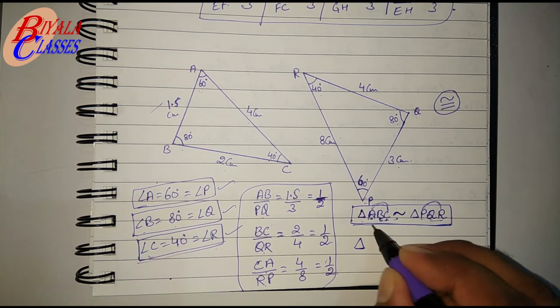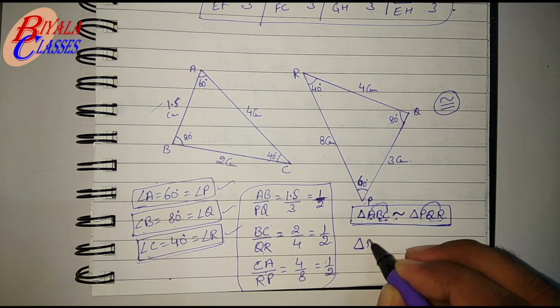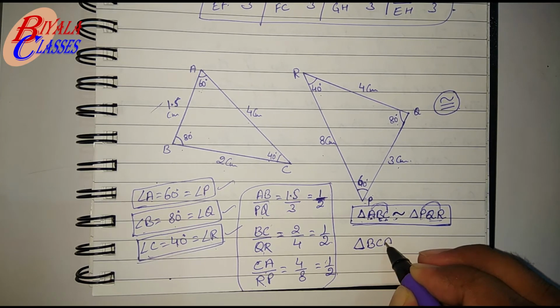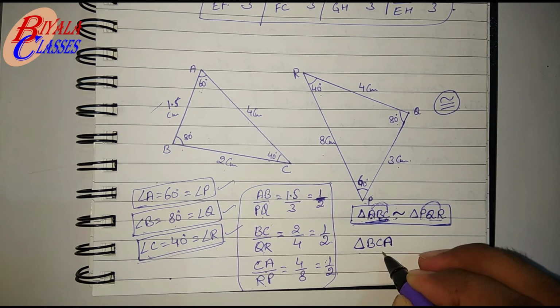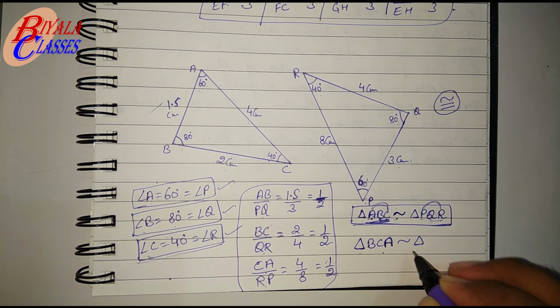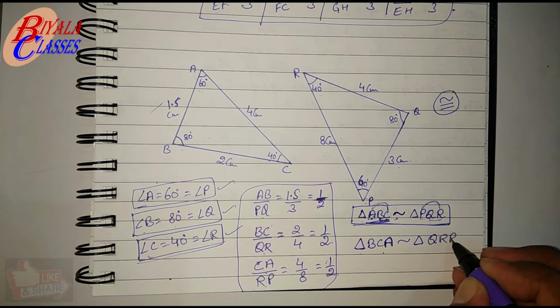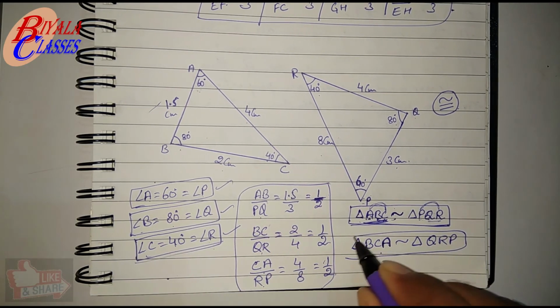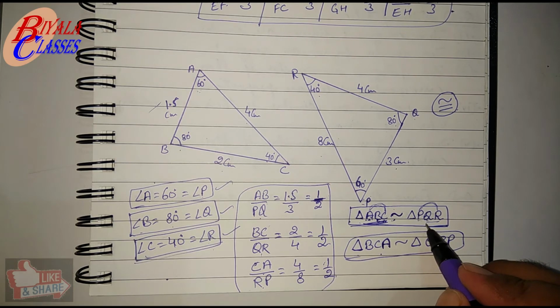In case you rewrite the name in another form, suppose you write it as BCA instead of ABC, then triangle BCA is similar to triangle QRP, but not to triangle PQR.